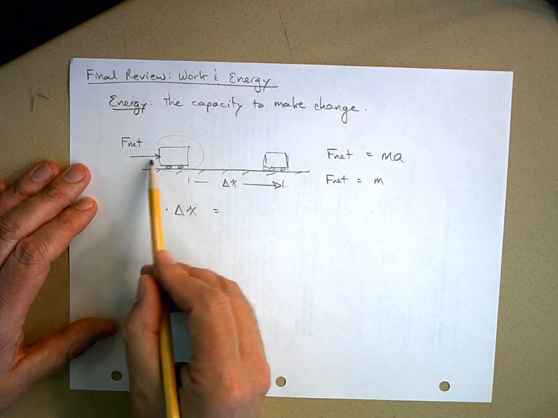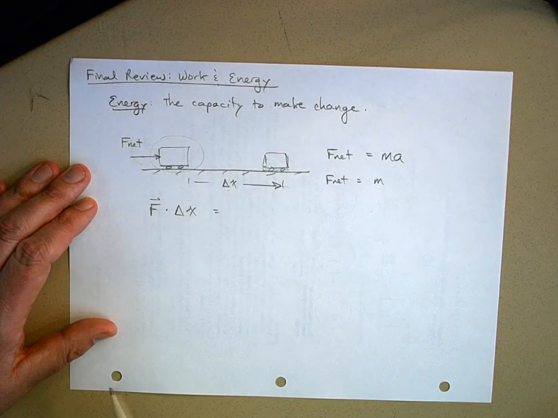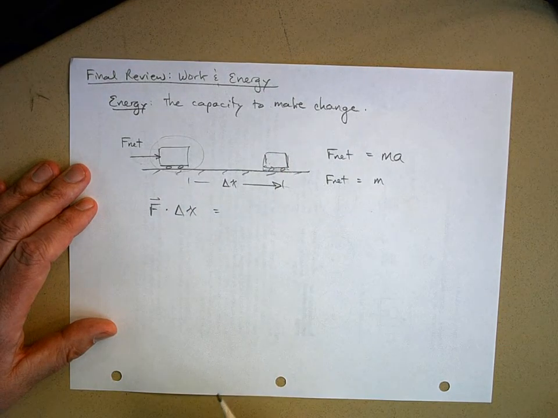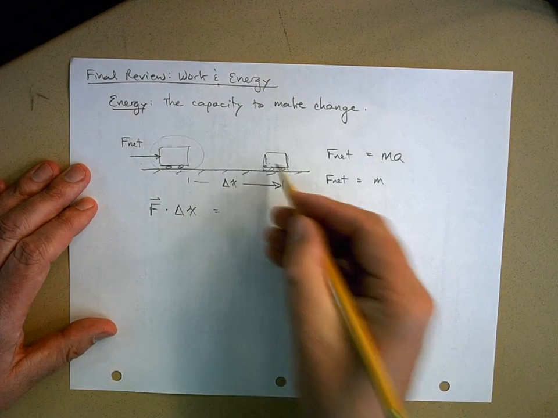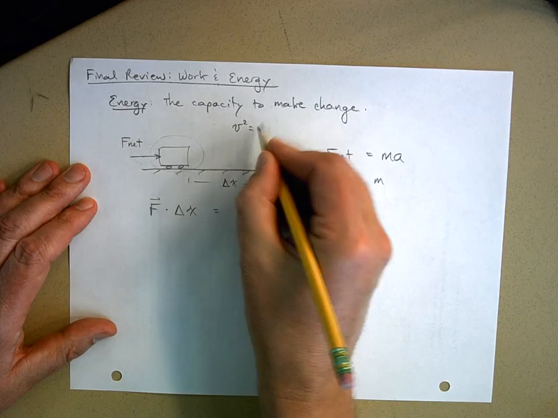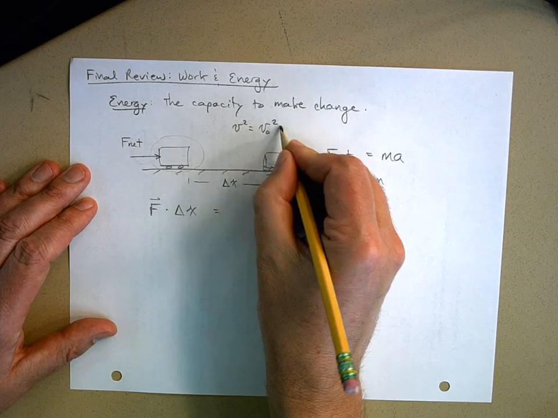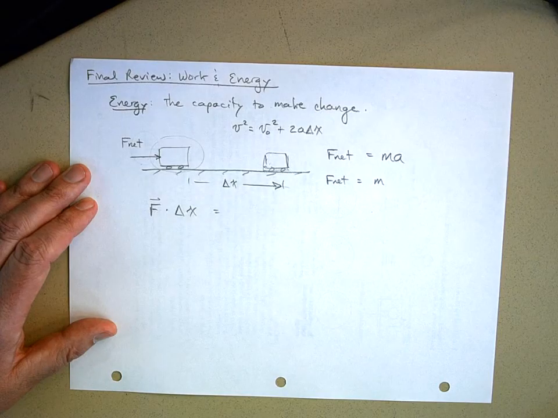If you apply a net force through a displacement, this object is going to be moving. And so we can look at the second kinematic equation. The velocity squared is equal to the initial velocity squared plus twice the acceleration times delta x.